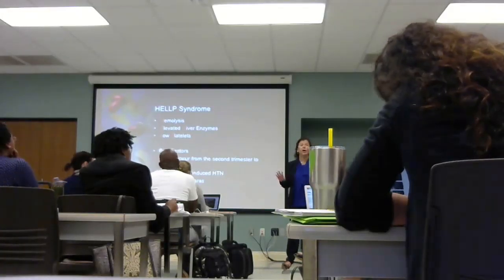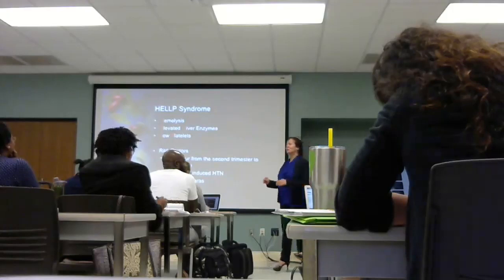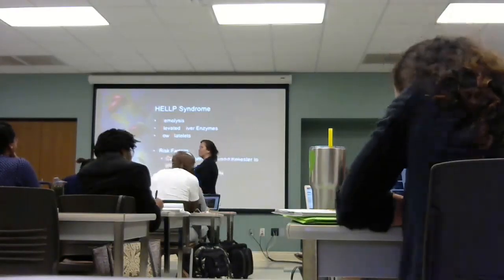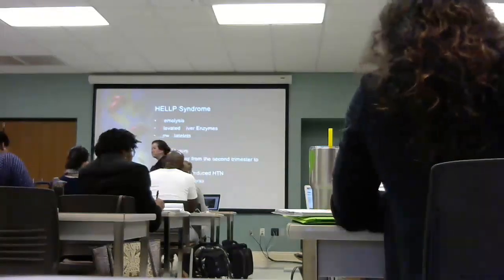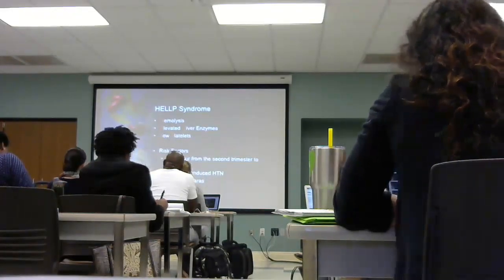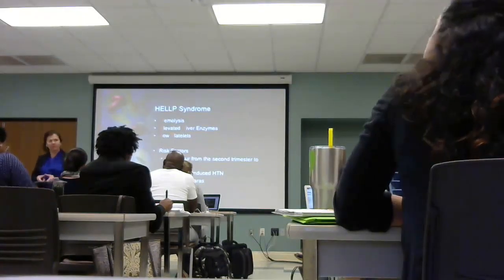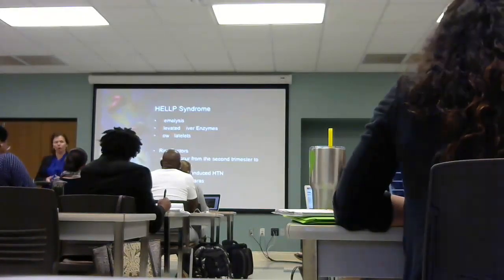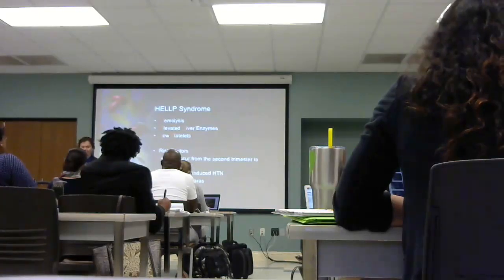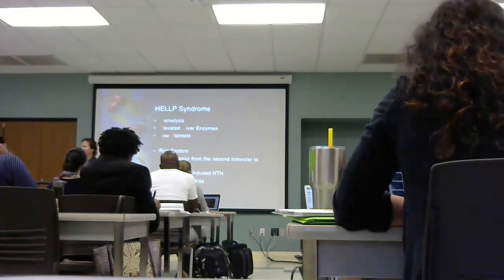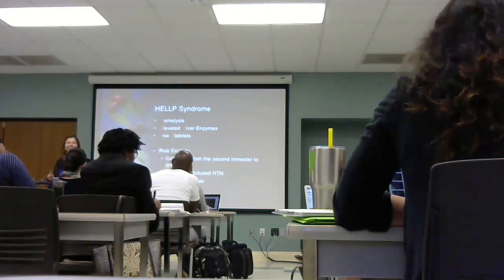Okay? Males are excepted. So this is a pregnant woman that starts having hypertension and proteinuria. And due to the hypertensive episode, there is an insult to the liver, producing inflammatory markers in the liver and elevating the liver enzymes.